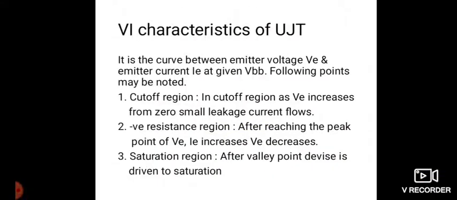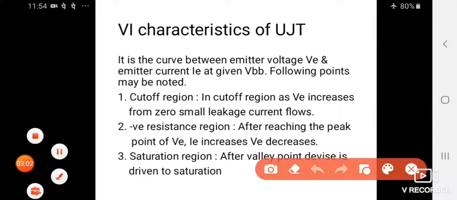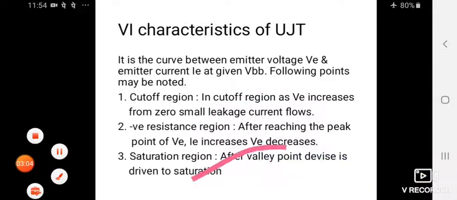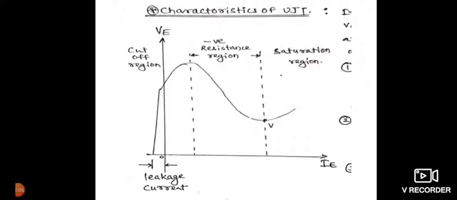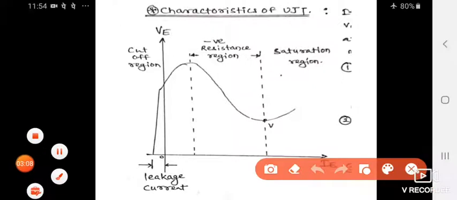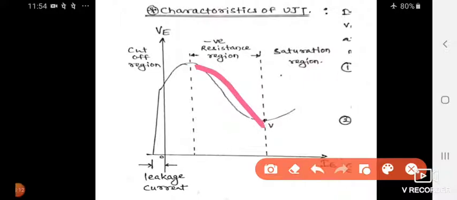The second point is the negative resistance region. After reaching the peak point of VE, IE increases and VE decreases. You can note that here: VE decreases and IE is increasing.